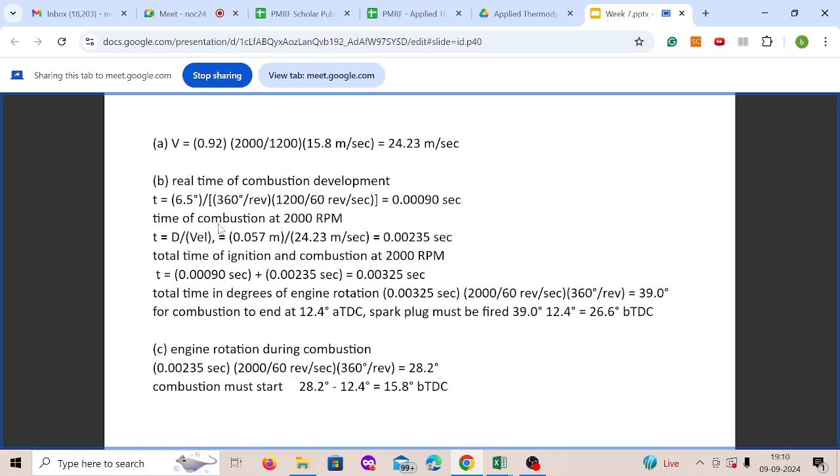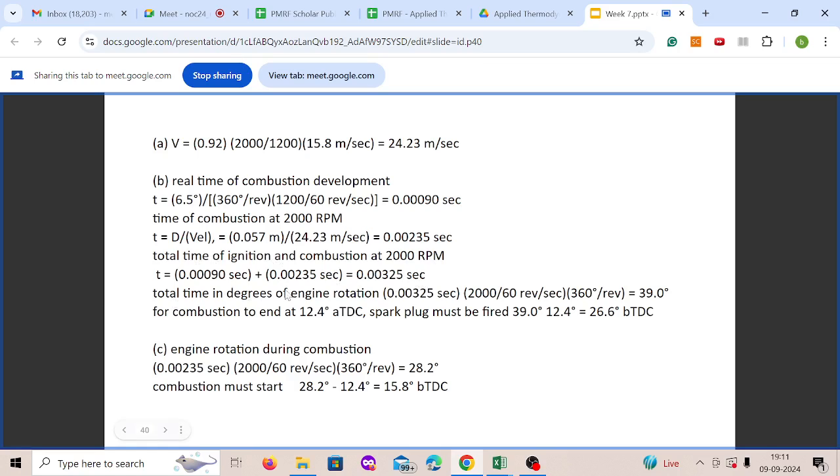So the time of combustion at 2000 rpm is t equals d by velocity. Your distance is the same, there is no change. So 0.057 meter divided by the velocity 24.23 comes out to be 0.00235 second. So the total time of ignition and combustion will be 0.00325 second.